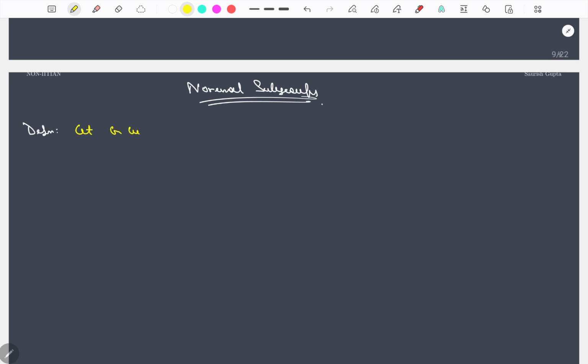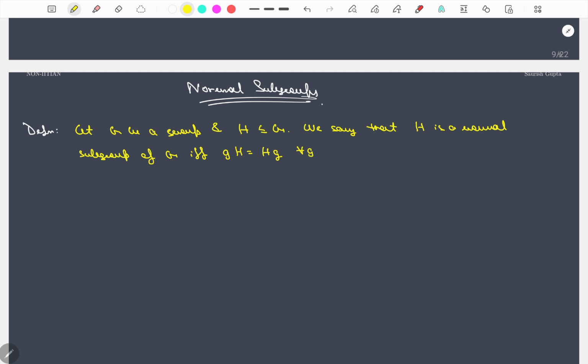Let G be a group, and let H be a subgroup of G. We say that H is a normal subgroup of G if and only if the left cosets are also right cosets for every element g in G. That is, gHg inverse is equal to H for every g in G. Which is equivalently saying that gHg inverse is contained in H for every g in G, because the other inclusion is trivial.